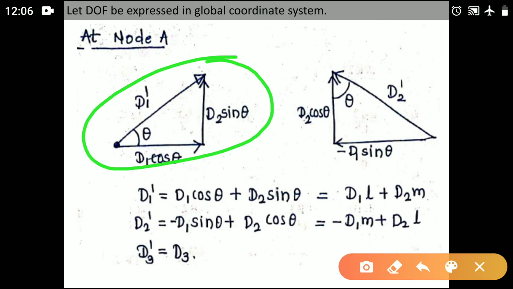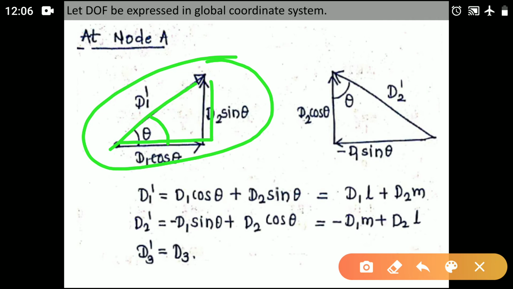The same thing is mentioned in the next slide at node A. d1 dash is the hypotenuse, d1 is the horizontal line, and d2 is the vertical side of the triangle. But now we have to write that with this theta, using trigonometry. So this is the hypotenuse and these two are the sides.